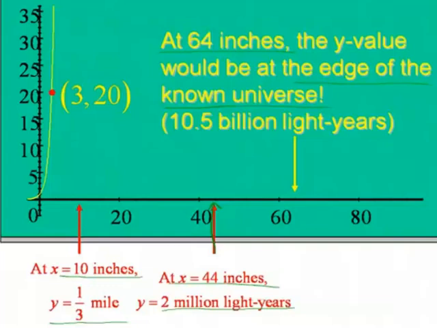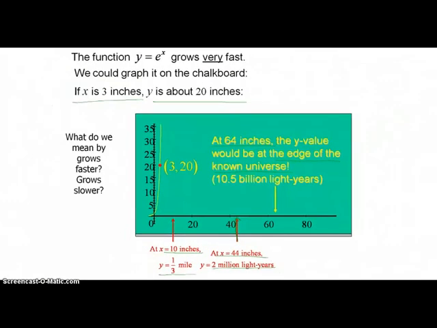So what we mean by grows faster is that if we know how quickly e to the x grows, and there's some other function g of x out there that grows even faster, then if e to the x diverges, g of x must diverge also, just by comparing their behavior over the same interval.